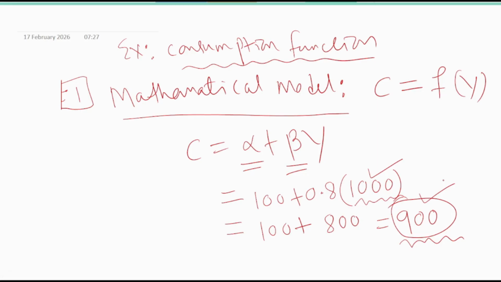So it shows a exact relationship, exact value of dependent variable for any particular value of the independent variable. But this may not happen when we'll say about the econometric model. Now we'll apply the same example for the econometric model. So the second model is the econometric model.